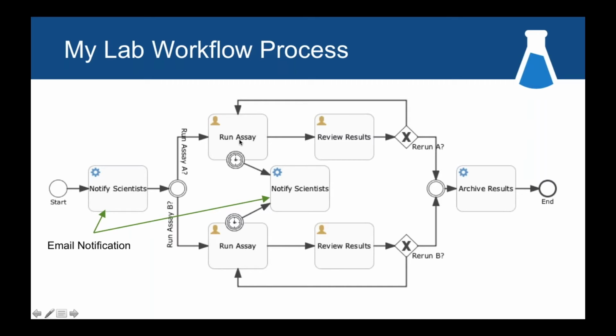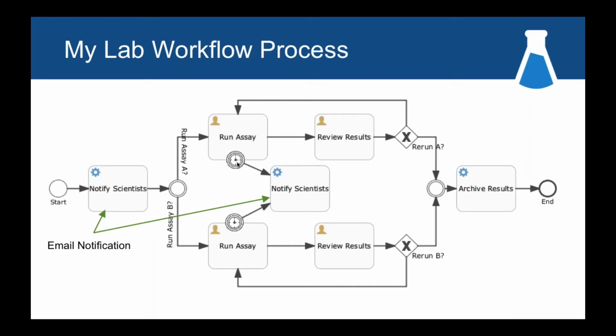then the run assay tasks both have these timer elements on them, which are used not to put a time limit, but to notify the scientists if something gets delayed.